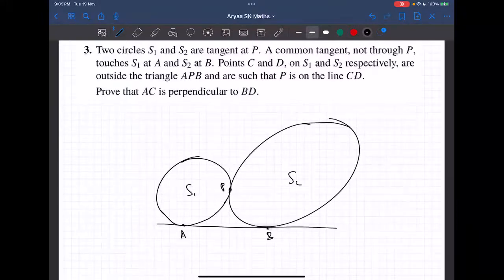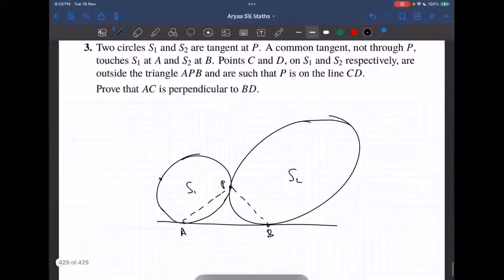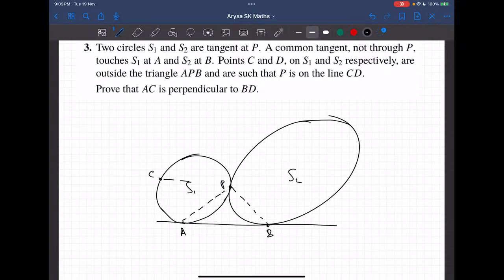So we have points C and D on S1 and S2 respectively. APB is the triangle we're interested in. Points C and D are outside such that P is on the line CD. So if we had C here, then we draw a line and D would have to be here.